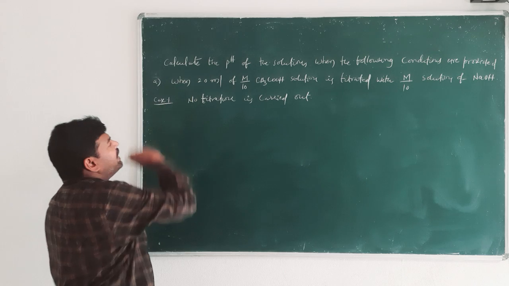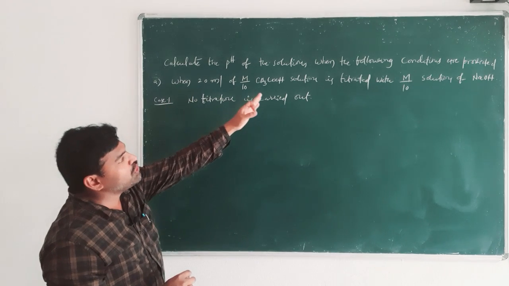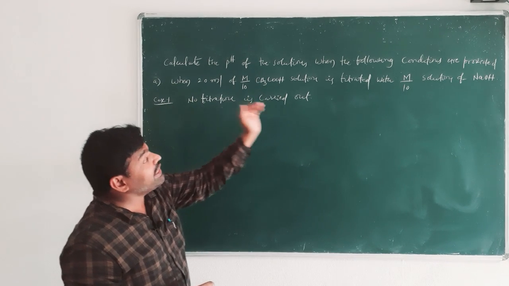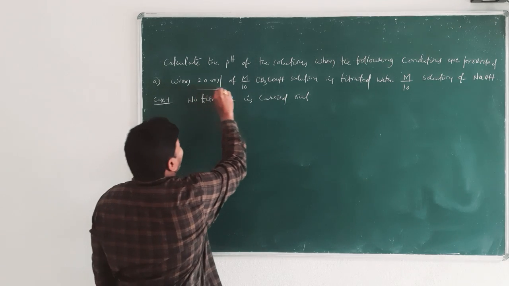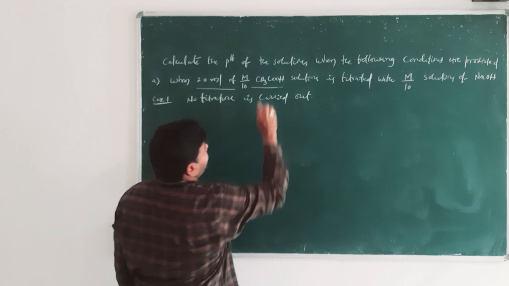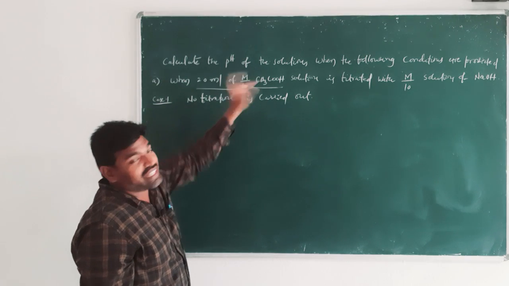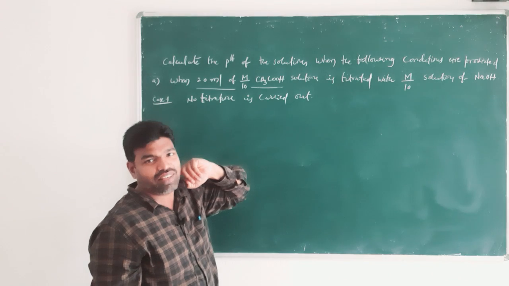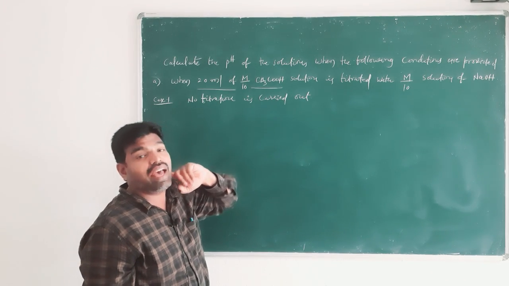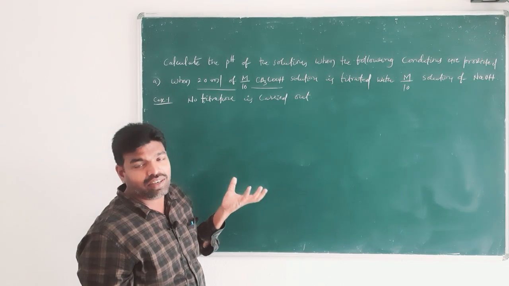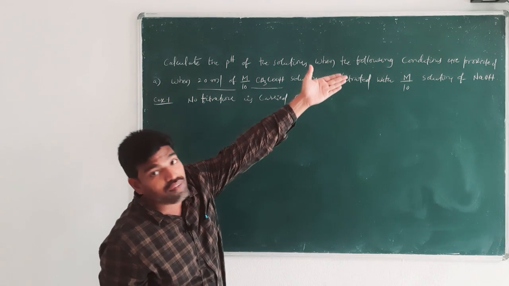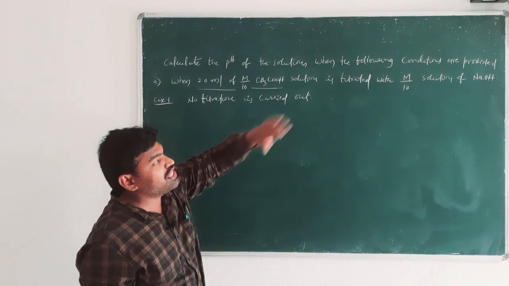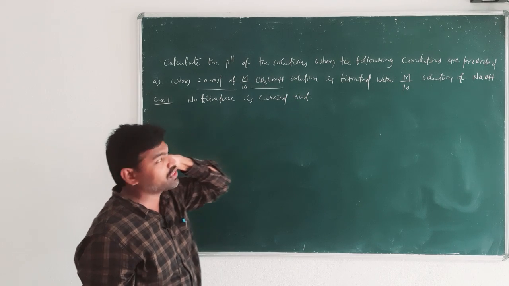Here, the 20 ml of M/10 acetic acid solution is the analyte, that is, we can take it in the conical flask, and it is titrated with the M/10 solution of NaOH, that is decimolar solution of sodium hydroxide.